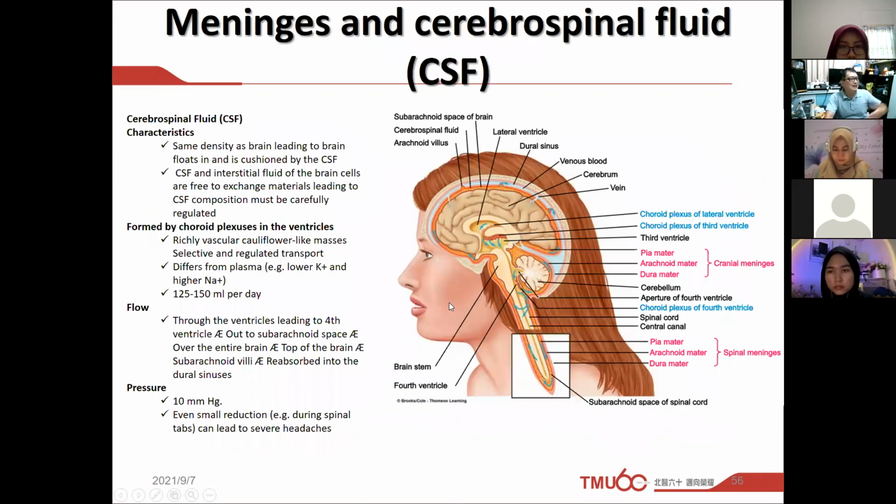And let's see the lateral view of the brain here. You can see that here's the cerebrum, the big whole picture. Here's the brainstem, and this one is the cerebellum.